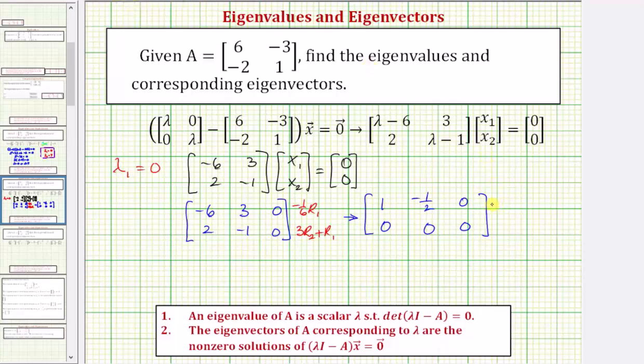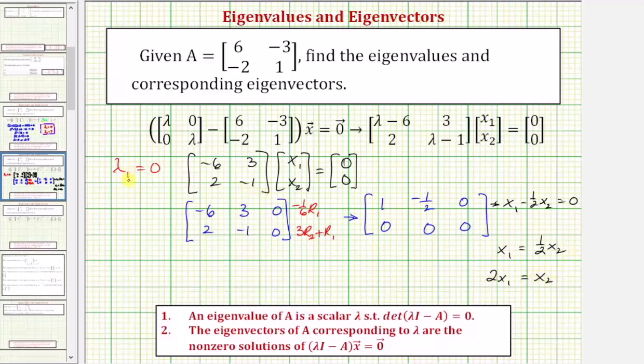Looking at this first row, notice how this tells us that x sub 1 minus 1/2 times x sub 2 must equal 0. So if we solve this for x sub 1, we'd have x sub 1 equals 1/2 times x sub 2. If we wanted to avoid fractions, we could multiply both sides by 2, which would give us 2 times x sub 1 equals x sub 2.